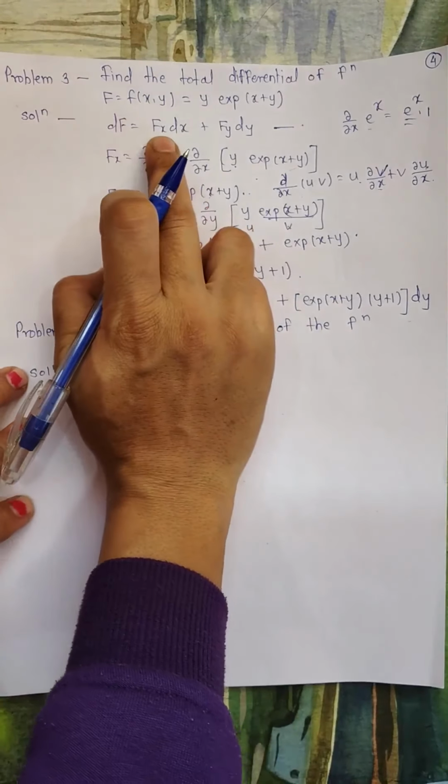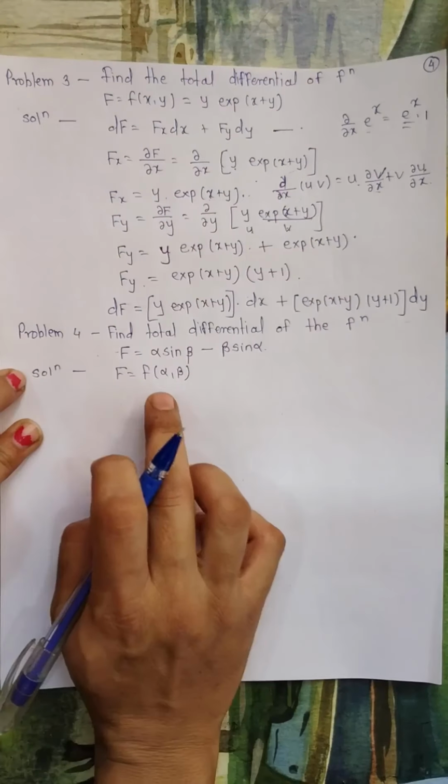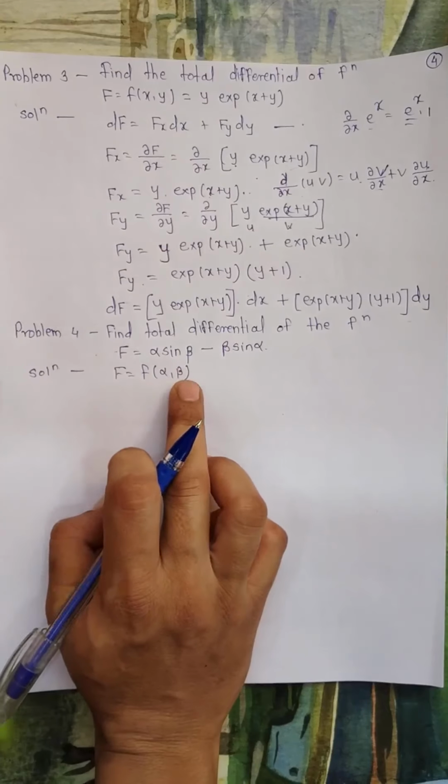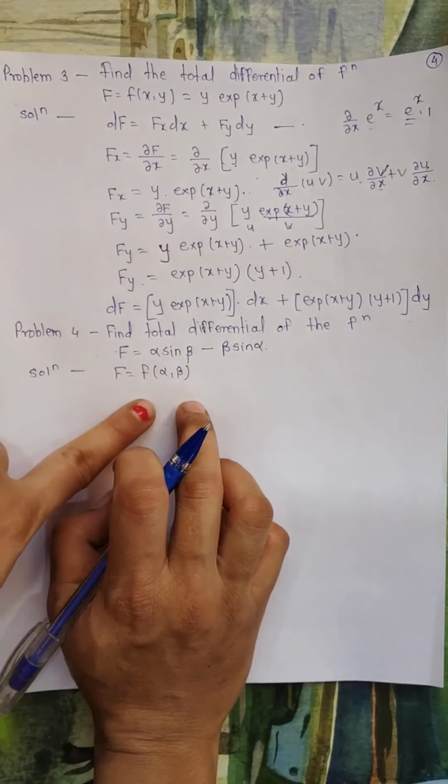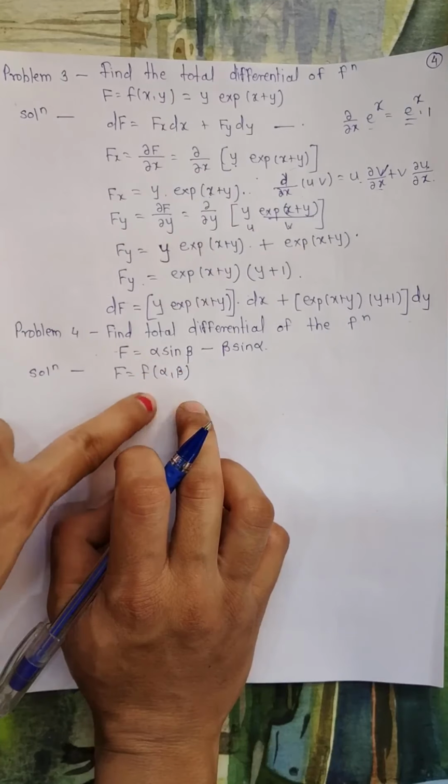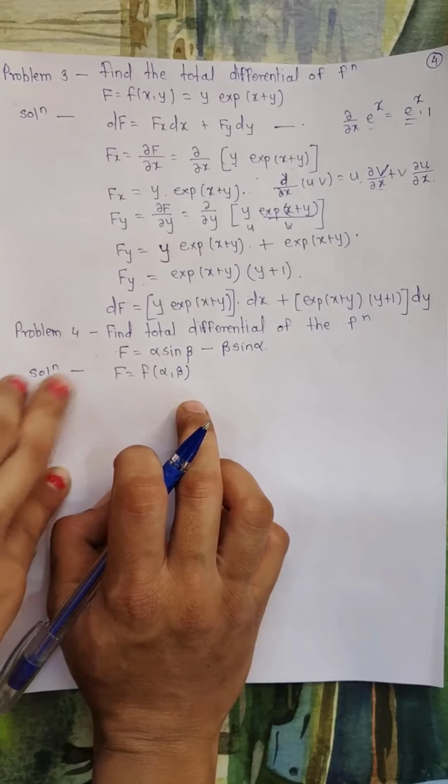Instead of x and y, here the variables are alpha and beta. They have changed the variables, so don't get confused.